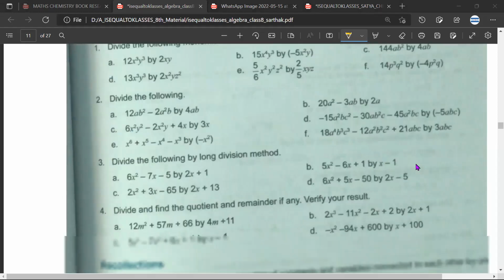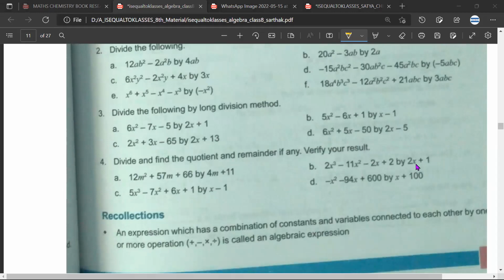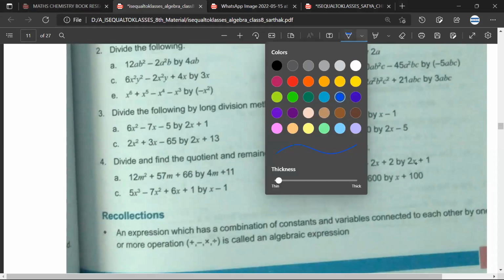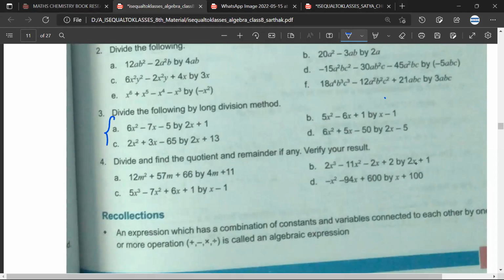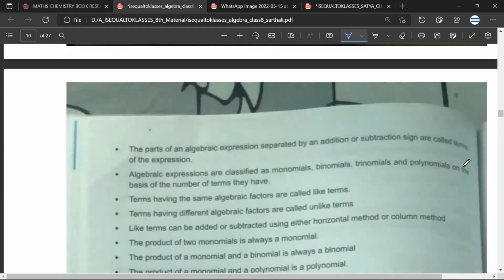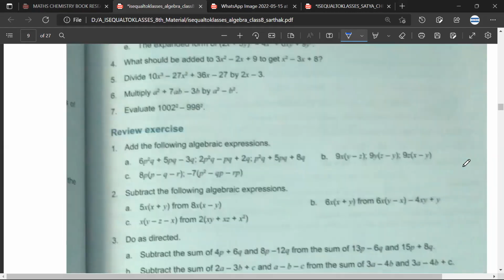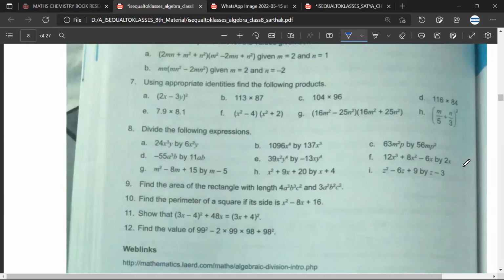Now, Mr. Sarthak, because this is a tricky topic, I strongly advise you to do all these questions. These 4 plus 4, 8. And then I think in the final review exercise also, they will mention a few questions.